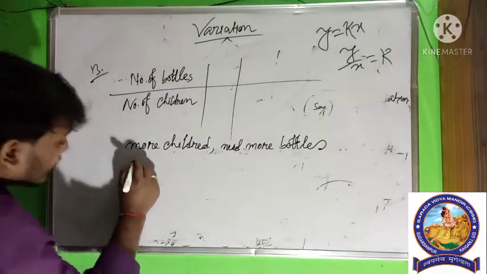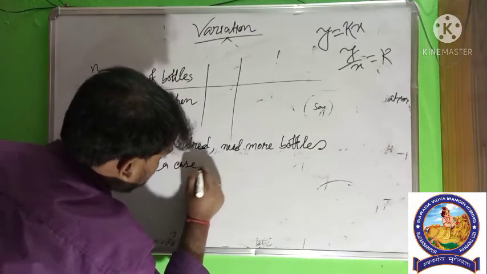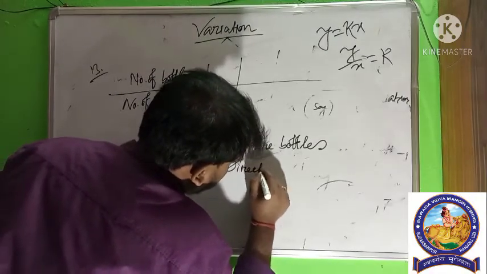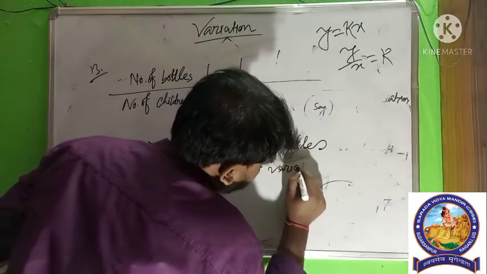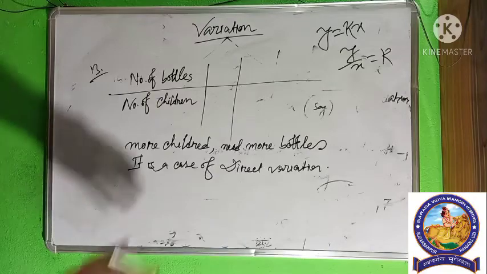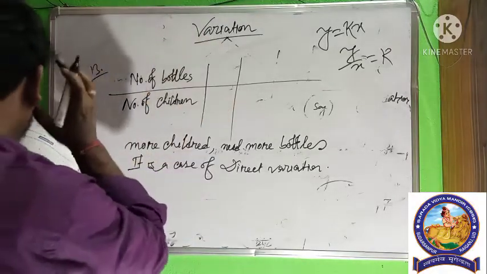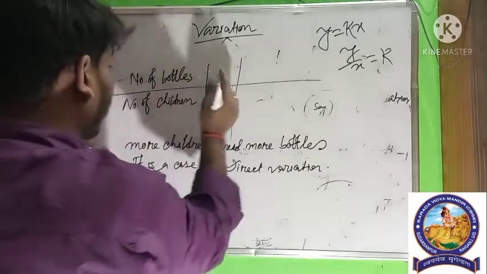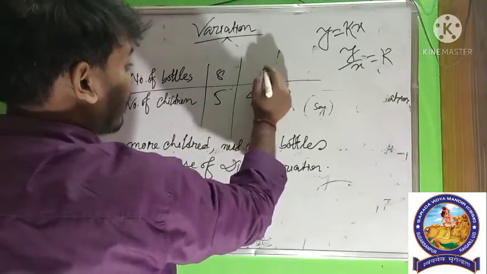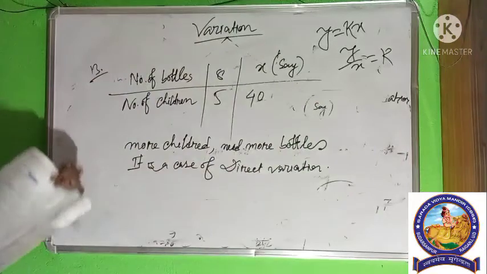So it is a case of direct variation. I have not written the question: 8 bottles, 5 children, 40 children, how many bottles? So let it be x.